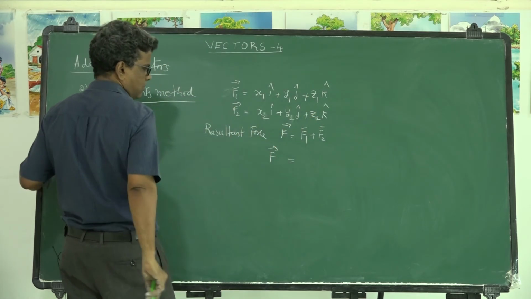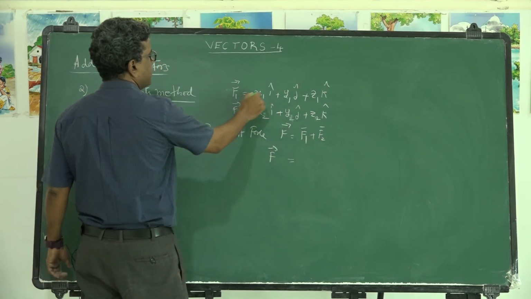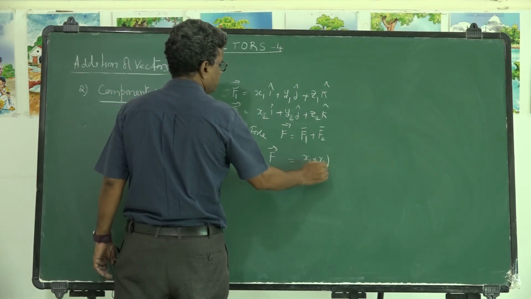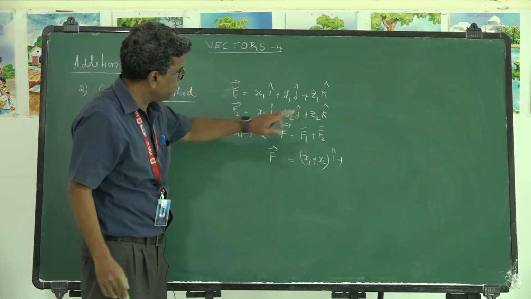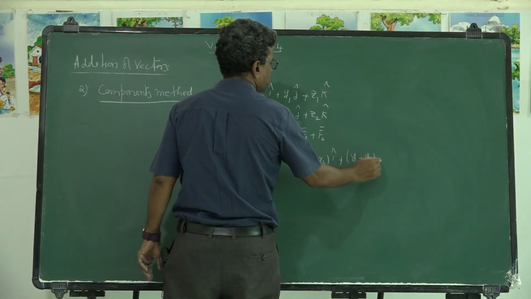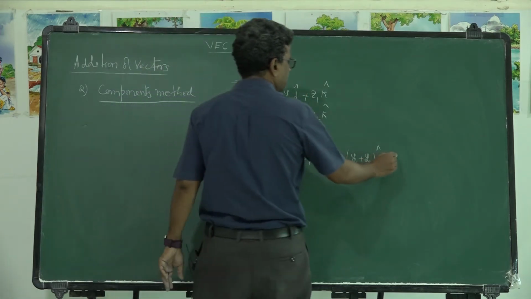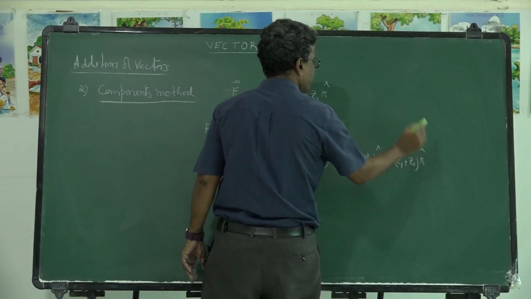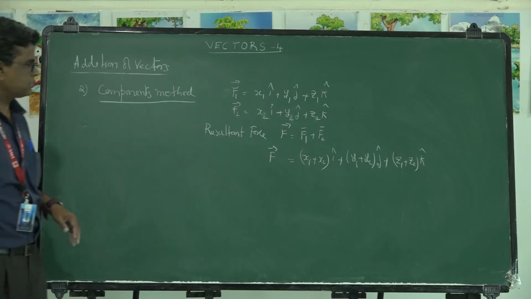If you want to add these 2 vectors, you add components, x component with x component, so you get x1 plus x2 i cap, add j component with j component, y1 plus y2 j cap, plus z component with z component, z1 plus z2 k cap. So this is the resultant of the addition of vectors.